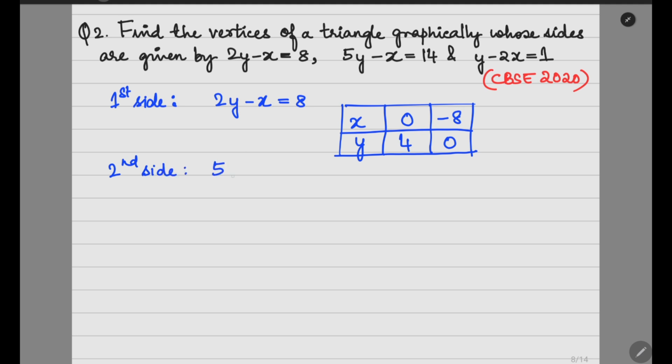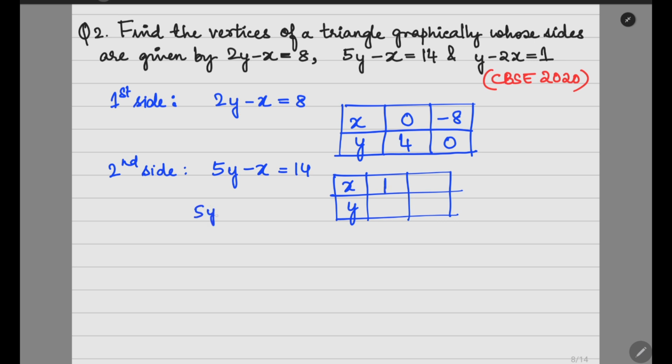The second side is given by the equation 5y minus x is equal to 14. Again, plot a table and find any two values for x and y. Suppose x is equal to 1. So 5y minus 1 equal to 14, 5y equal to 15 and y equal to 3.